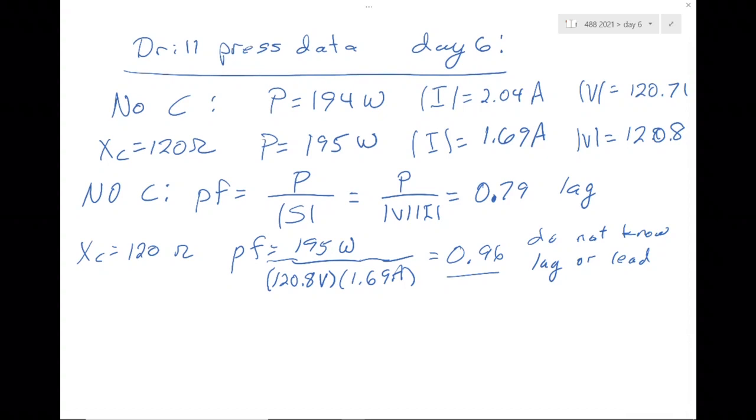But again, we have error in all these measurements. And we don't have sinusoidal waveforms. So we cannot say for sure on this. I'm saying it doesn't matter. In some cases, it will matter. If it does matter, you have to figure out how to determine if it's leading or lagging.